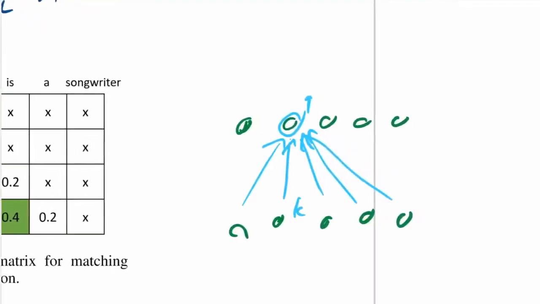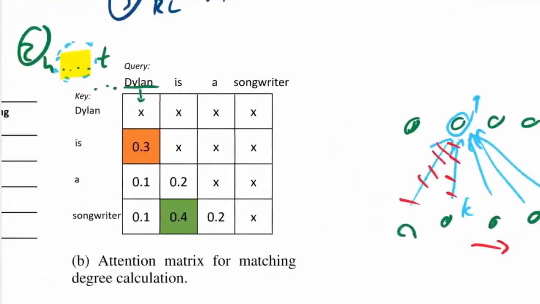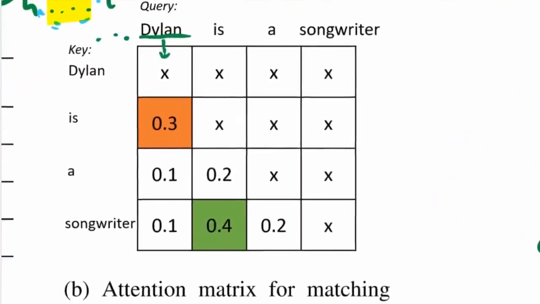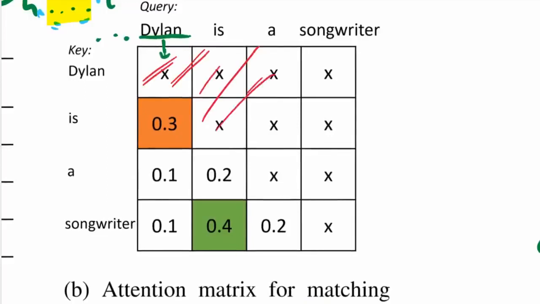Since we locate things between the head and the tail, we want to disregard everything that's behind the query and only look ahead in the sentence. That's why part of the attention matrix here is crossed out. As you can see, these are the x's. This is exactly because we only search in one direction.